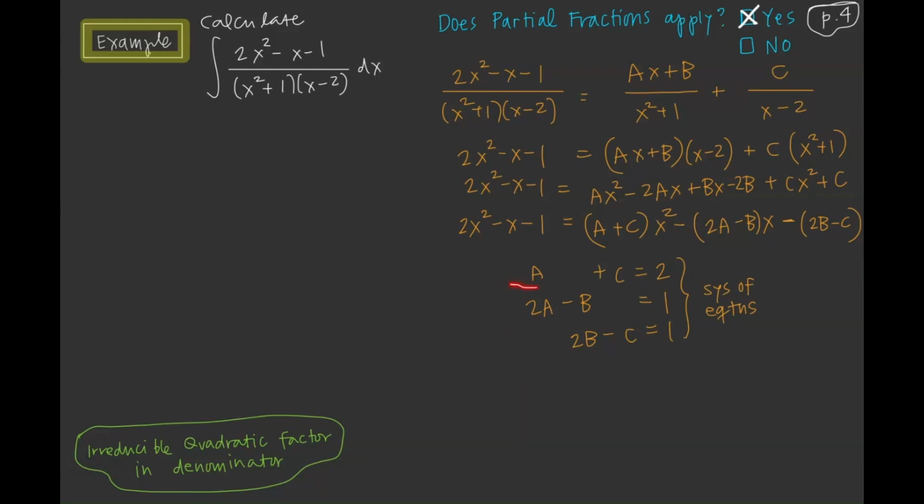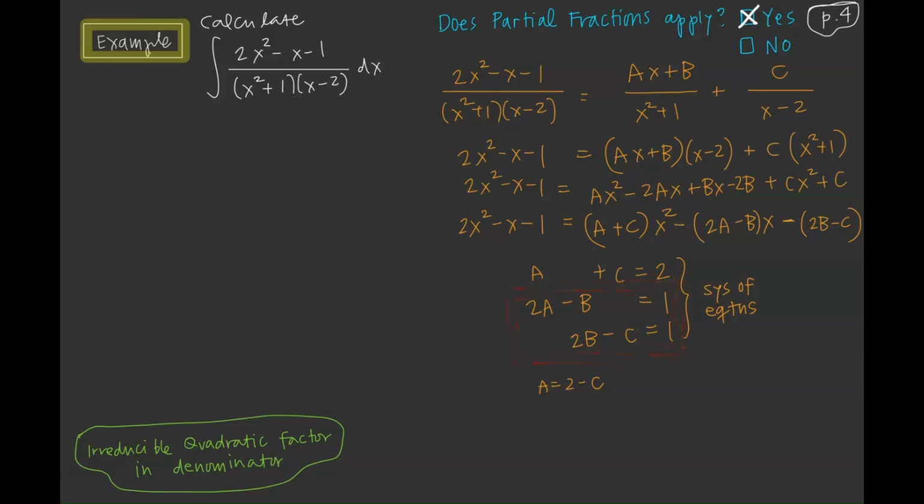I guess to solve this, I'll recognize that from this relationship here, a equals 2 minus c, and then whenever I have an a, I'm going to put that in, and then I'll use these two equations here. I'll put everything in terms of b and c.